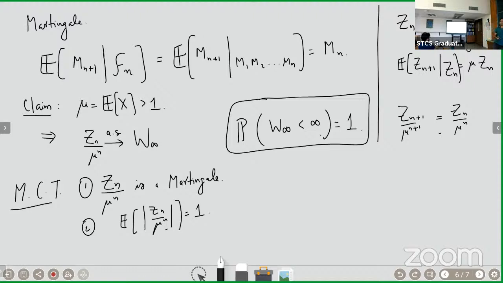Both go to 0, but which is faster? Z is going to 0 faster than mu to the n. As n tends to infinity, Z becomes exactly 0 at some point.